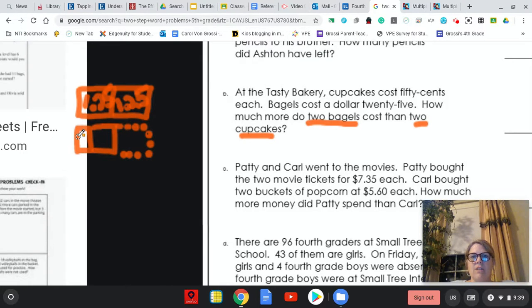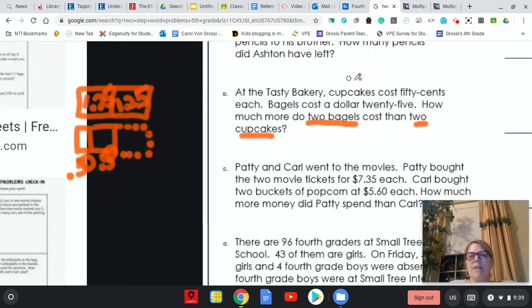And I've also got 2 cupcakes. Each cupcake is 50 cents. And so put a dot there and another 50 cents. I had to put it under because it's not really fitting inside, but you get the idea. So each of these is 50 cents. Each of these is $1.25. I'm going to try to figure out the difference.